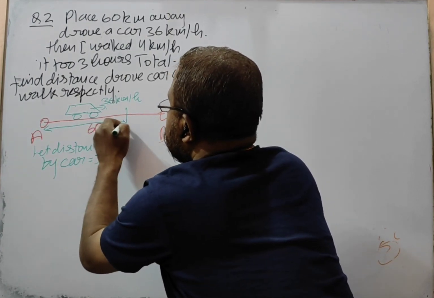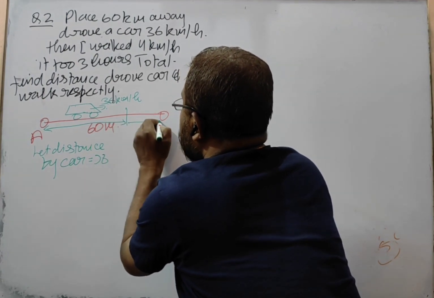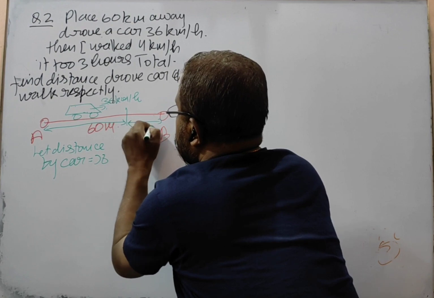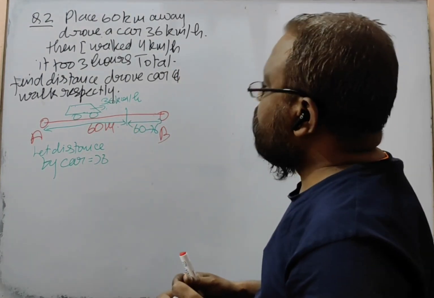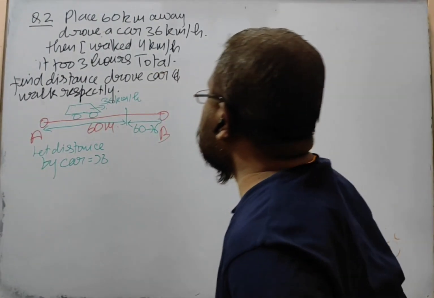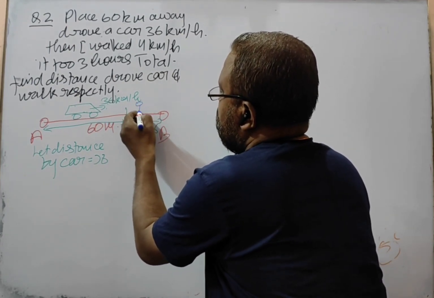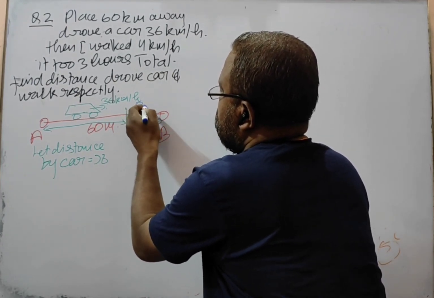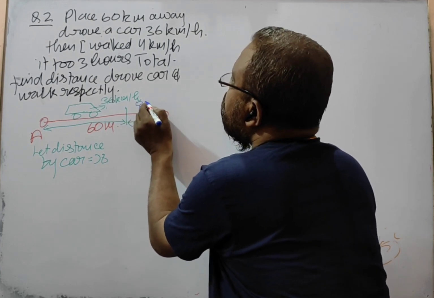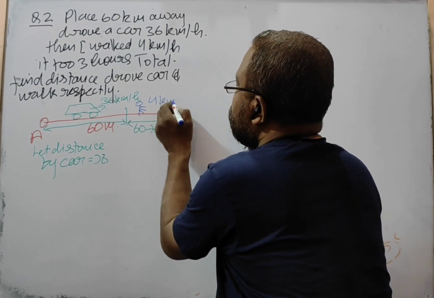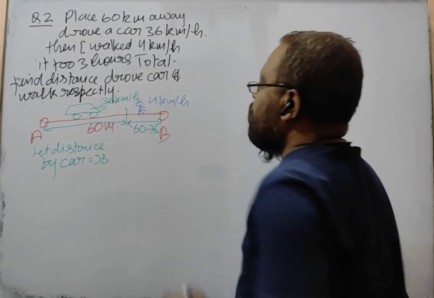Now the remaining distance is 60 minus X, and that distance you traveled by walking at a speed of 4 kilometer per hour.